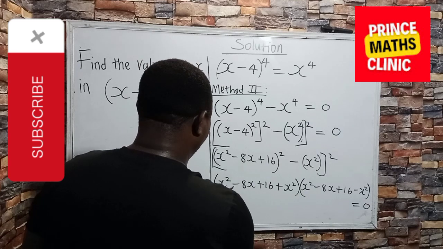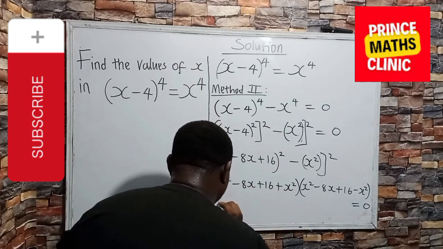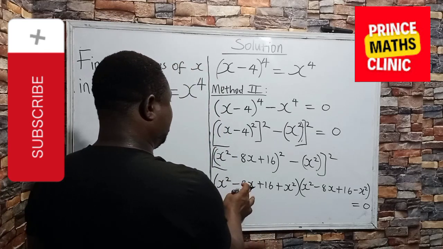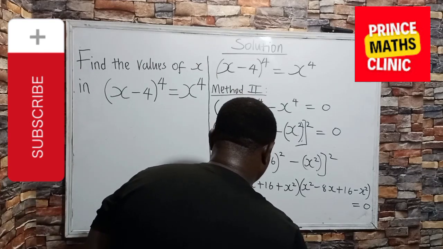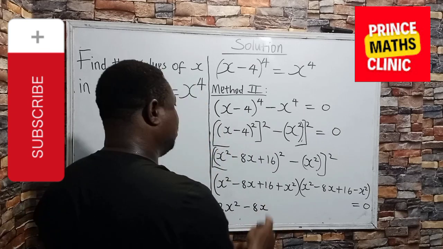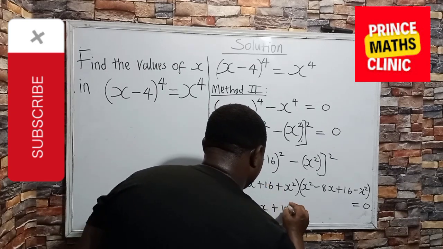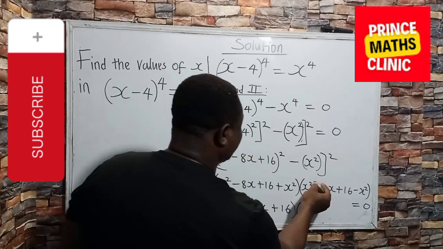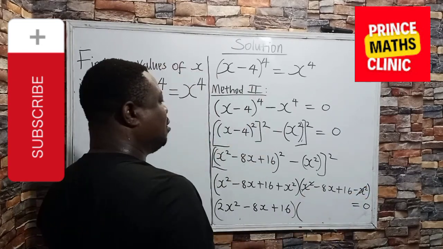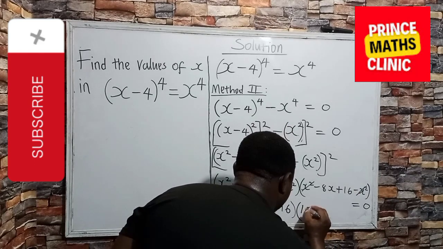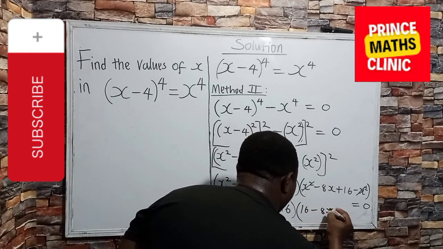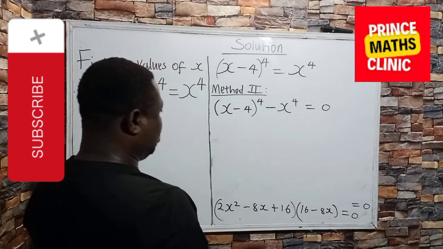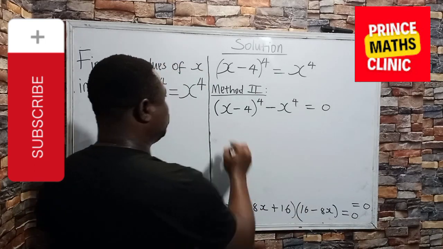Then, if I add this to this, it becomes 2x squared. Then this is negative 8x. Then this is plus 16. Here, we take out x squared. So here I'll be having 16 minus 8x equal to 0. At this stage, 2 can go into everything.